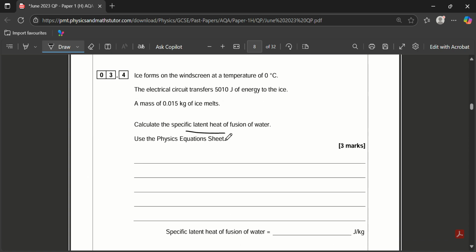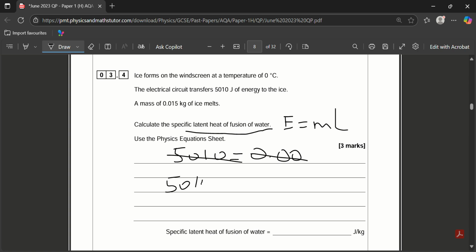Calculate specific latent heat of fusion of water. We know that's going to be E equals ml, because usually specific latent heat of fusion, well, any sort of equation that needs water in it. So we have 5,010 joules, which is equal to 0.015 times by L, because this is our mass, and that's L, and that's our energy.